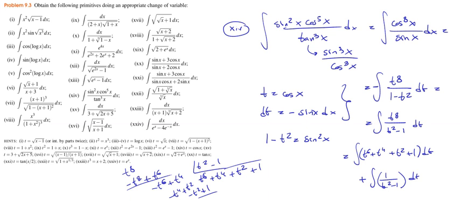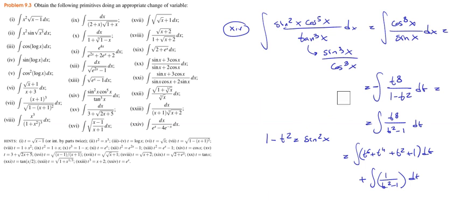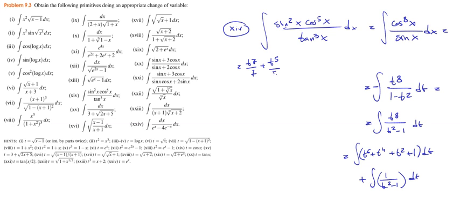So let me erase things and go back here. You have t to the 7 over 7 plus t to the 5 over 5 plus t cubed over 3 plus t, and then a over t minus 1 dt plus b over t plus 1 dt, right?